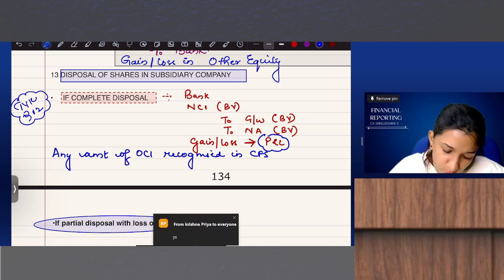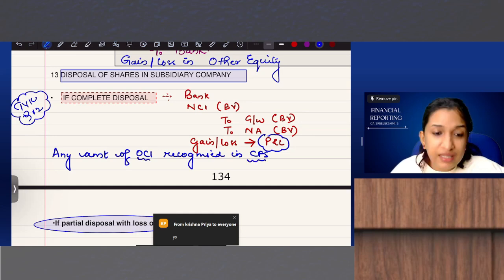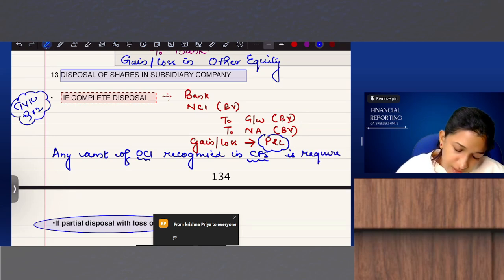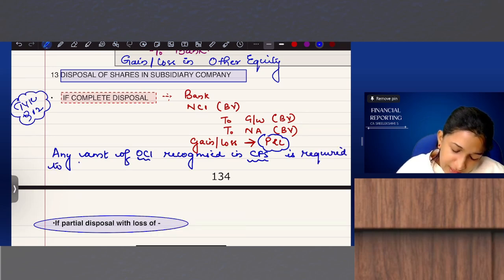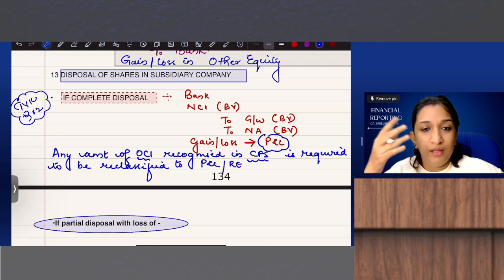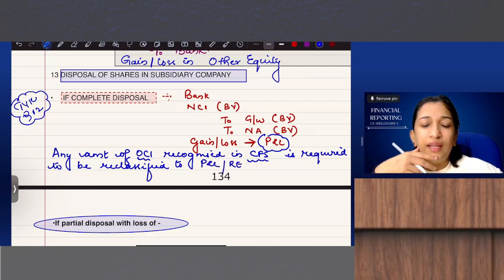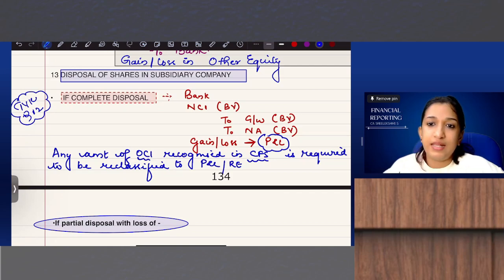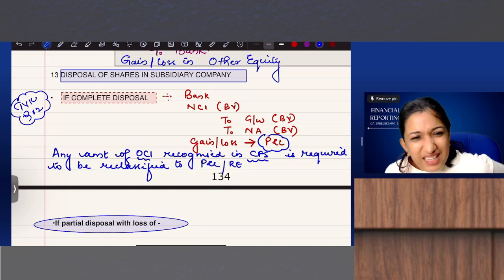So the amount of OCI recognized in consolidated financial statements is required to be reclassified to either P&L or retained earnings as the case may be. It's easy, right?